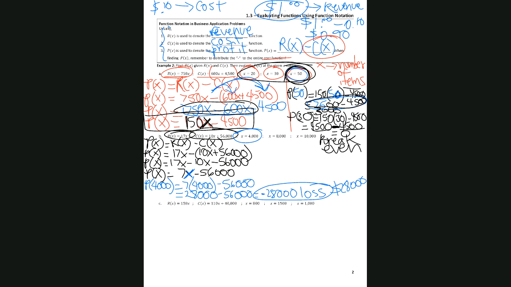Now let's find for another X value for 8,000. So now we're going to use the same formula here, the same equation for profit, but now we're going to have to find the profit at 8,000. So we substitute 7. Well, actually, I'm missing my equal sign. Seven times 8,000 minus 56,000.